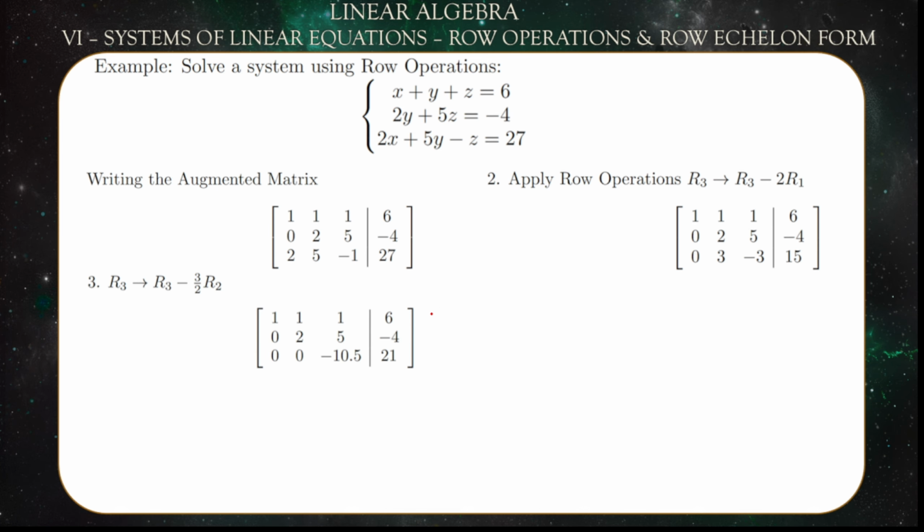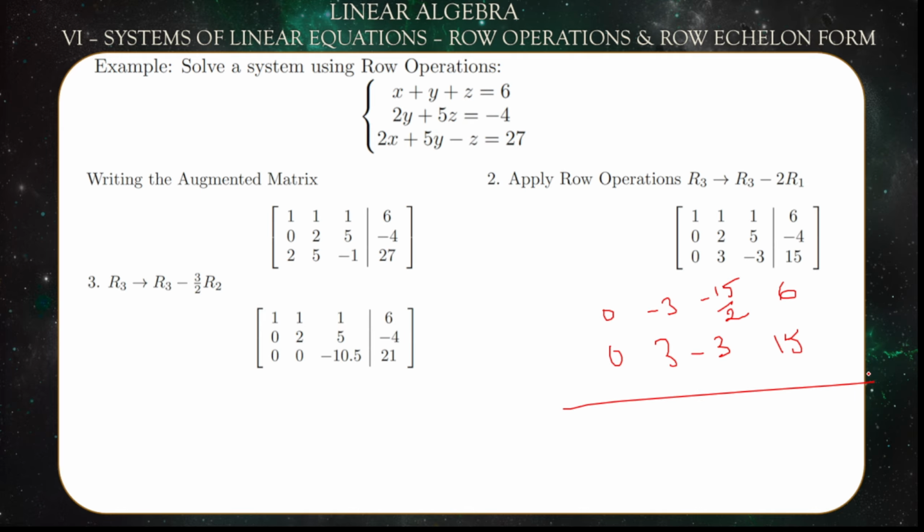So R3 is 0, 3, minus 3, 15, minus 3 divided by 2 R2. 3 divided by 2 times 0 doesn't matter; minus 3 divided by 2 times 2 is minus 3, the 2 cancels out; then minus 3 divided by 2 times 5 is minus 15 divided by 2; and then minus 3 divided by 2 times minus 4, the minus cancels out, 4 divided by 2, 2, so it is 6.